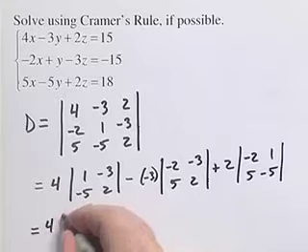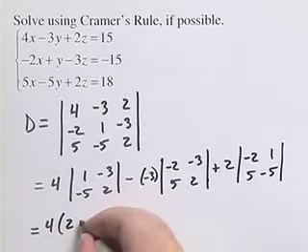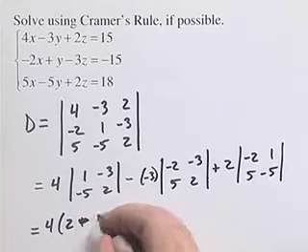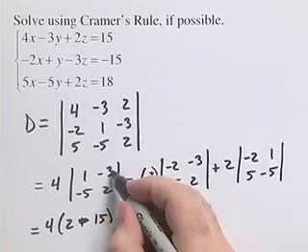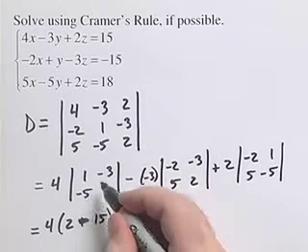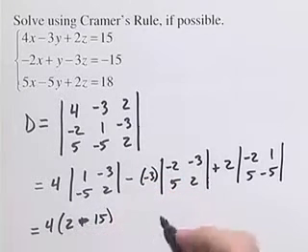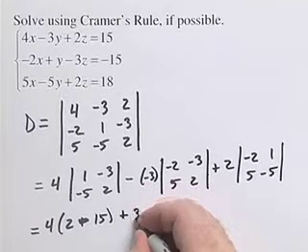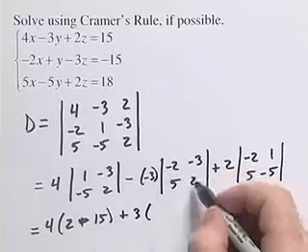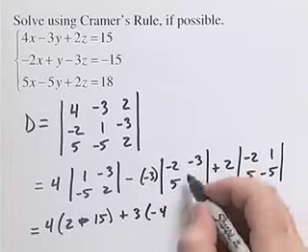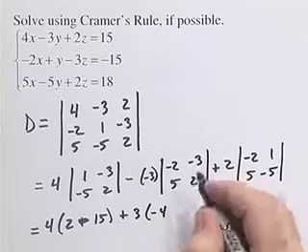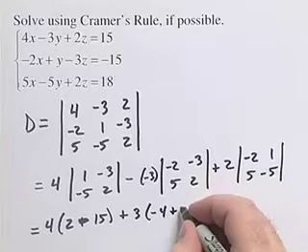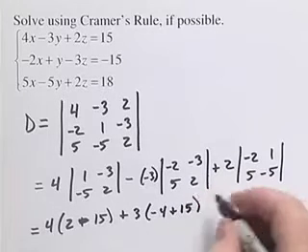So we'll get 4 times 2 minus 15. So we'll have negative 3 times negative 5 is positive 15, so let's have 2 minus 15. Minus a negative is going to give us plus 3 times negative 2 times 2 is negative 4. Negative 3 times 5 is negative 15, and we're subtracting, so we get plus 15.